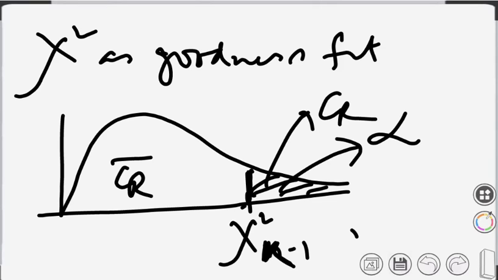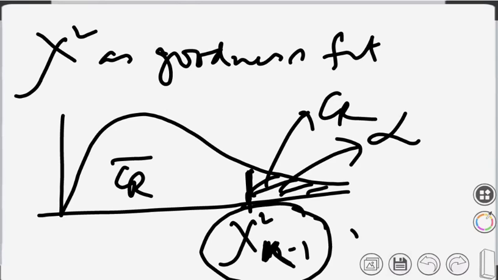Now chi-square always has degrees of freedom, and here it is k minus 1 degrees of freedom, where k is the number of groups.